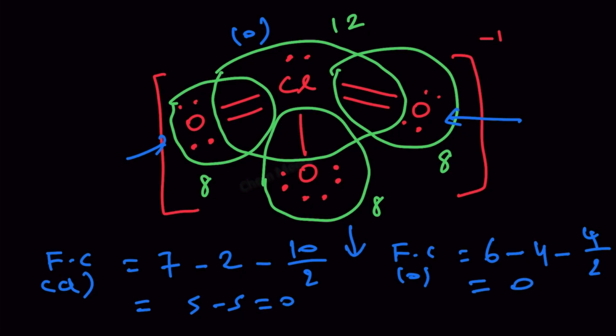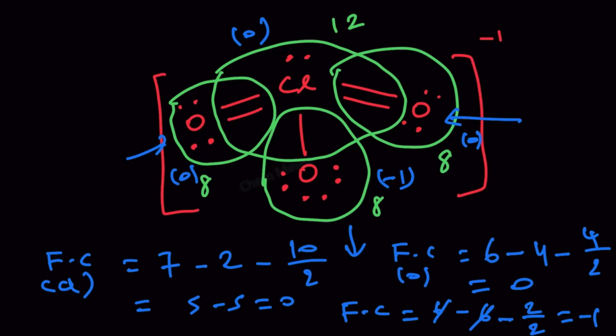And if you calculate the formal charge for this oxygen atom, then it would be 6 minus, we have 3 lone pairs, therefore 6 once again, minus we have 1 bond, 2 by 2, and that is equal to minus 1. Therefore, for this oxygen atom it is minus 1, and for these two oxygen atoms it is 0. That accounts for the net charge minus 1. This is the best Lewis structure for the chlorate ion.